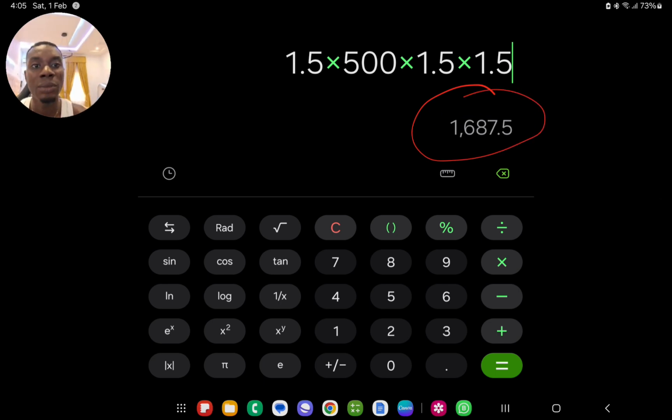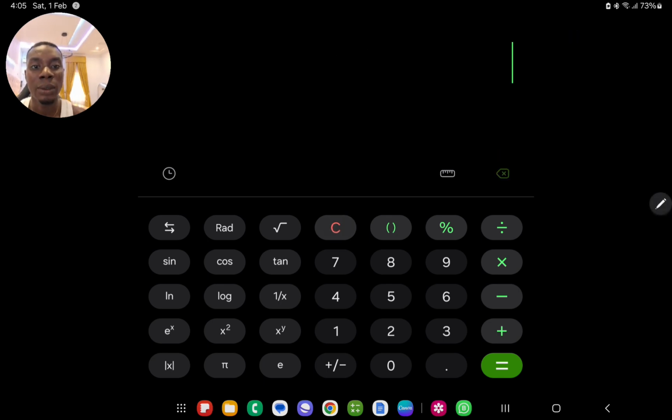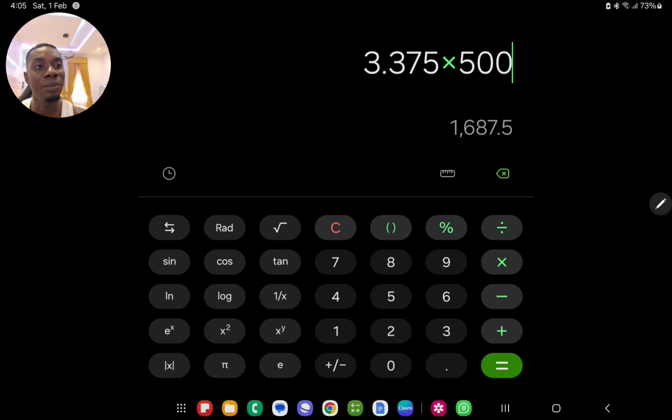Now this is the same thing as doing, since 1.5 times 1.5 times 1.5 is going to give us 3.375, the same thing as doing 3.375 times 500. It should give us the same amount. So you see, right? It's giving us the same amount.